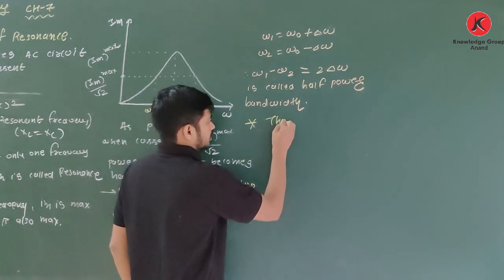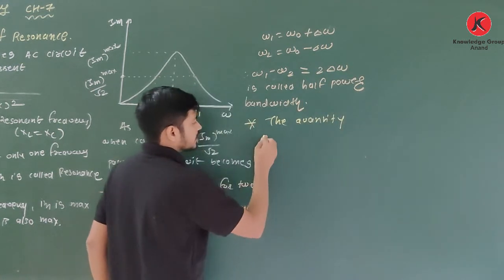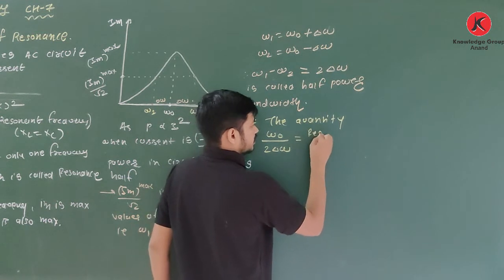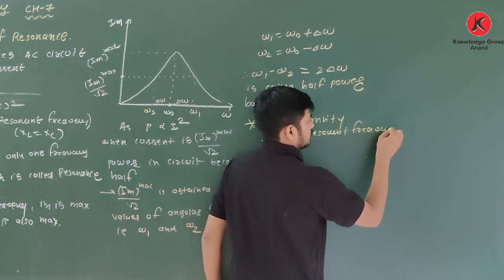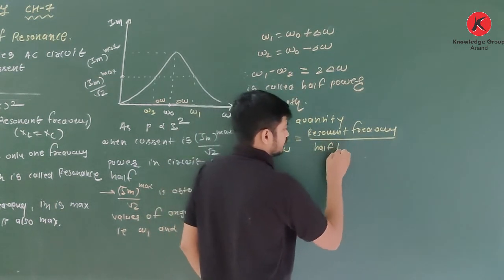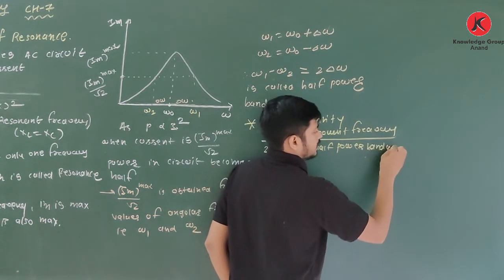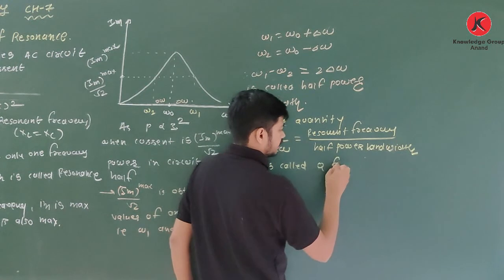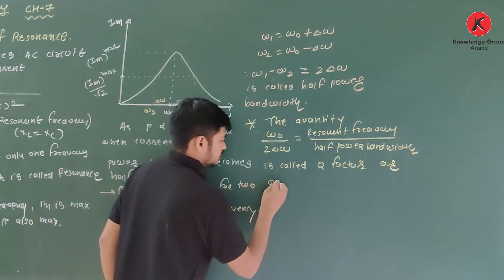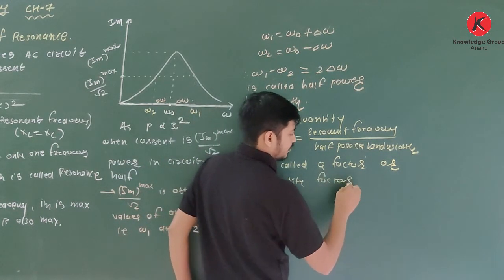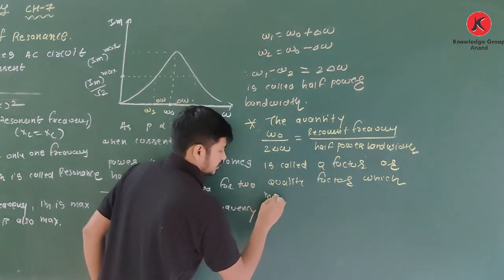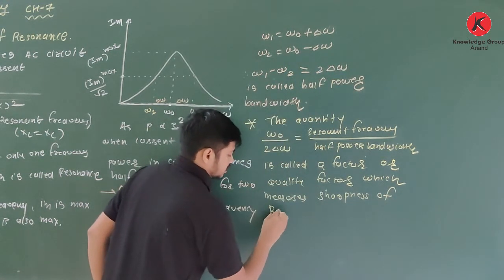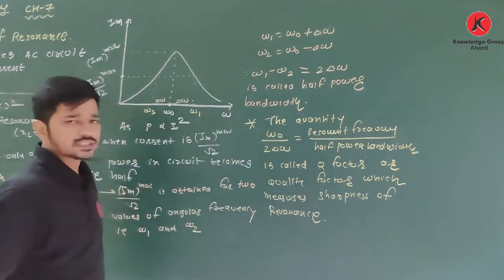Now the quantity omega 0 upon 2 delta omega, where omega 0 means resonant frequency, divided by 2 delta omega, which means half power bandwidth, is called the Q factor, or quality factor, which measures the sharpness of resonance.